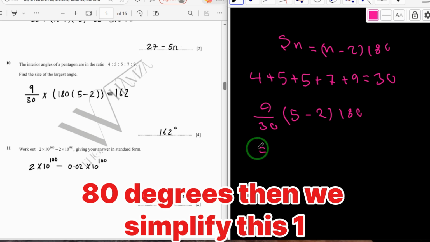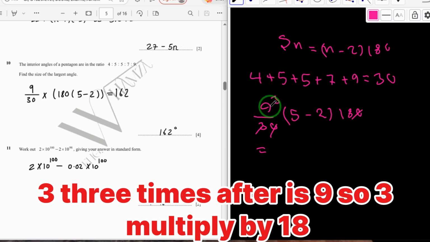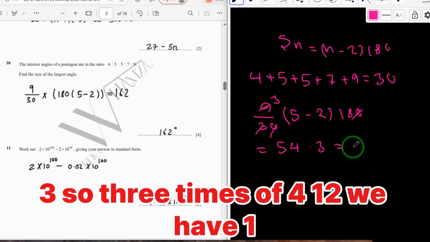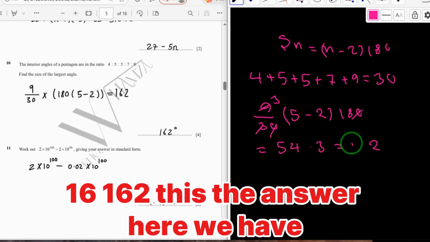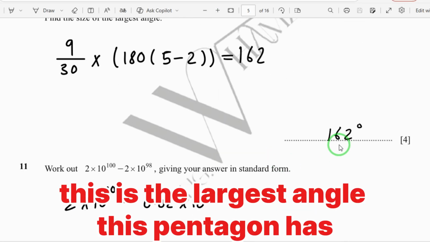Then we simplify this one. 3 multiplied by 180 is 540. Then 9 over 30 times 540, and we get 162. This is the answer. This is the largest angle this pentagon has.